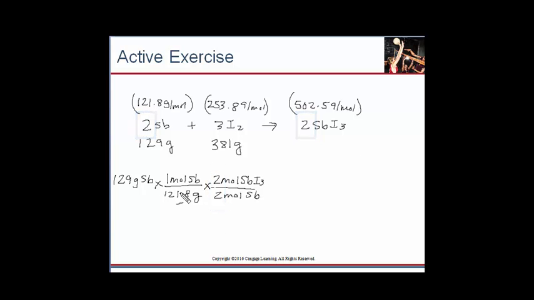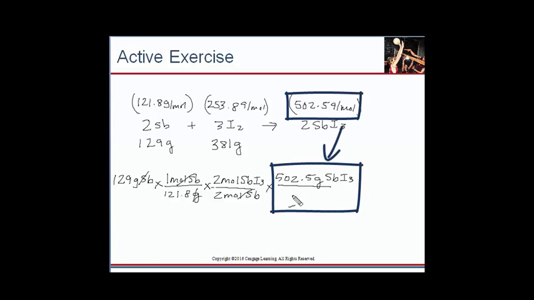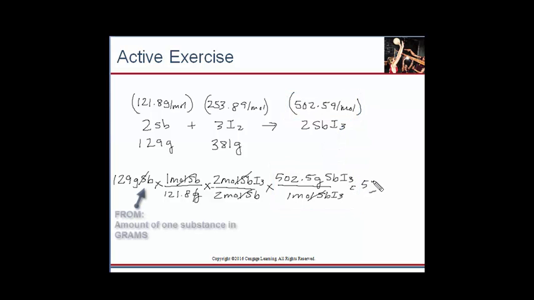If I'm keeping track of units, I see a surviving unit is moles. So I've just calculated how many moles of this, but I don't want that. I want grams. So then I say there are 502.5 grams of the product in every 1 mole of the product. That's going to cancel there and there. And my answer is going to be 532 grams of product.